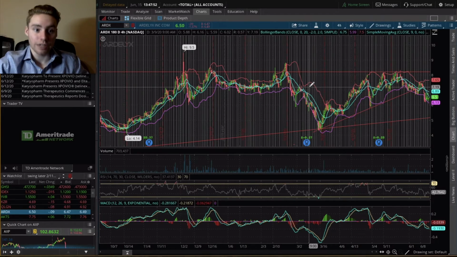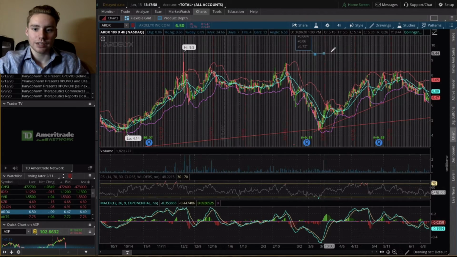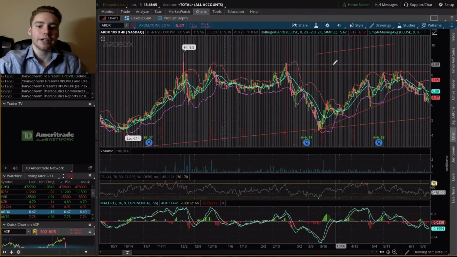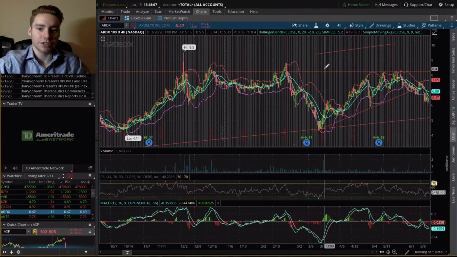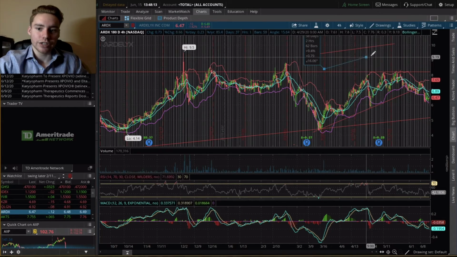But a rising wedge will have a slope on the resistance line, so it'll look something like this. Boom. And then the bottom portion of it, the support line, will look exactly identical to an ascending triangle.